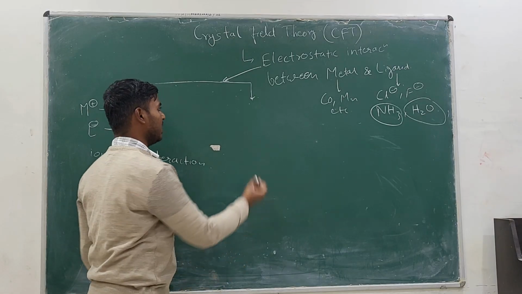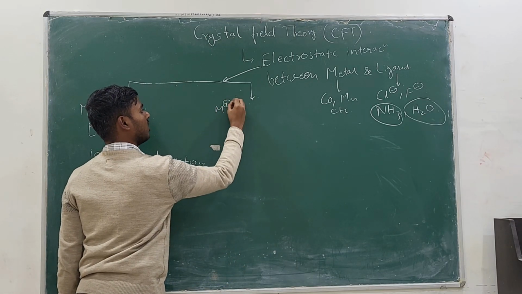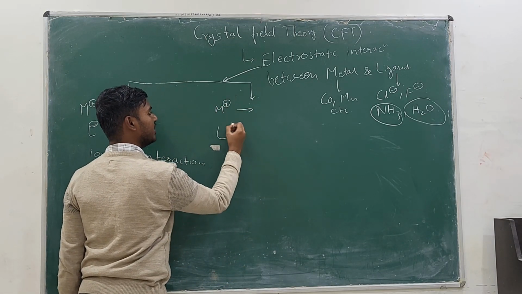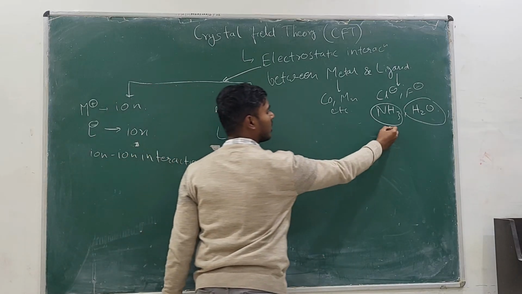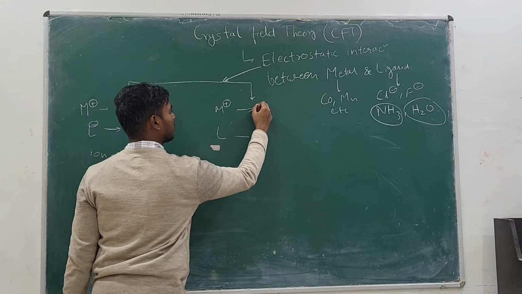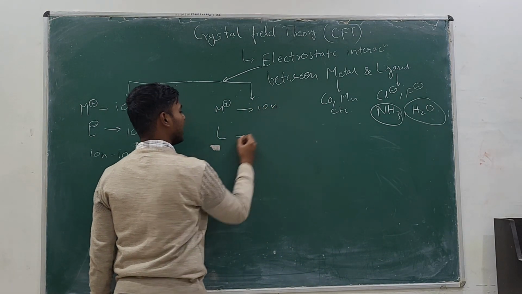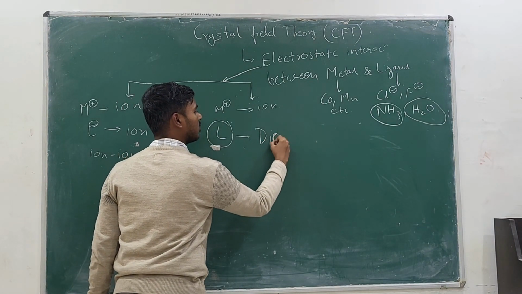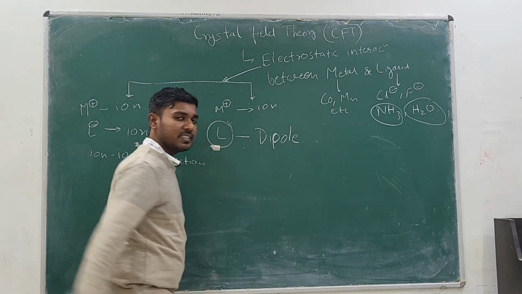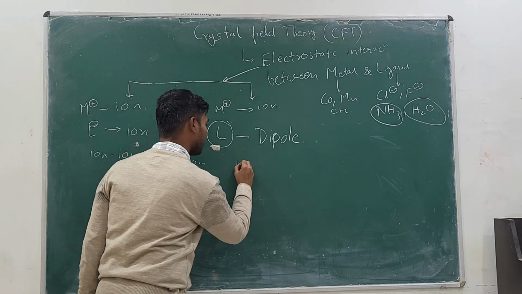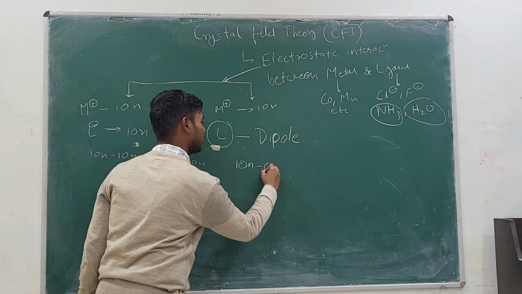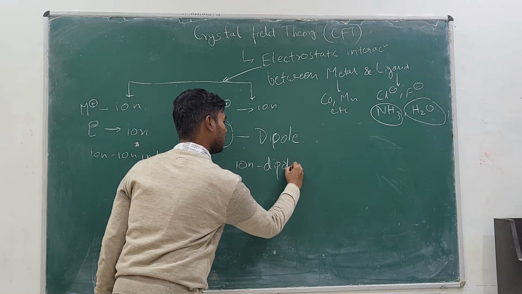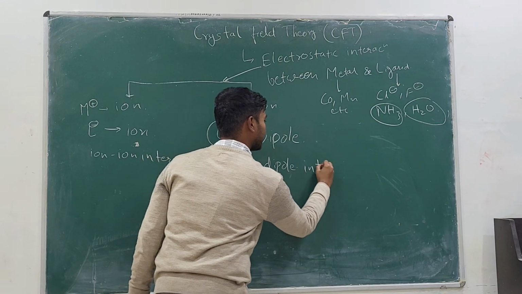Whereas when our metal is charged and our ligand is neutral, like in case of ammonia and water, so this one is our ion and this neutral ligand is considered as a dipole. So in this case it is the ion-dipole type of electrostatic interaction.